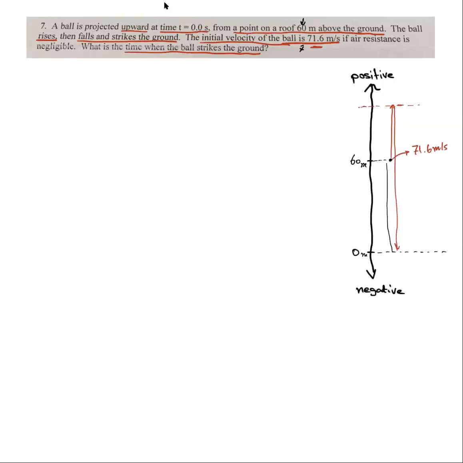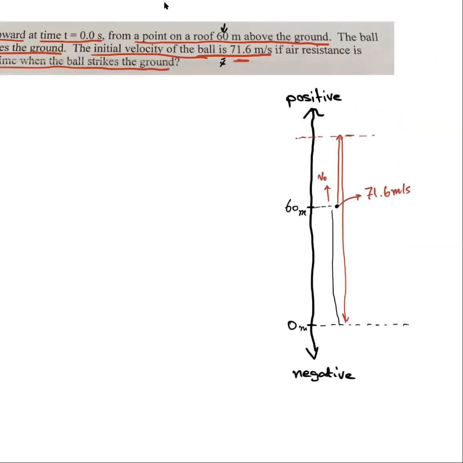And the direction for this velocity will be upward because it says that the ball rises, then falls. So we can say that this is V naught, and it will be upward, and the value for V naught will be 71.6 meters per second.